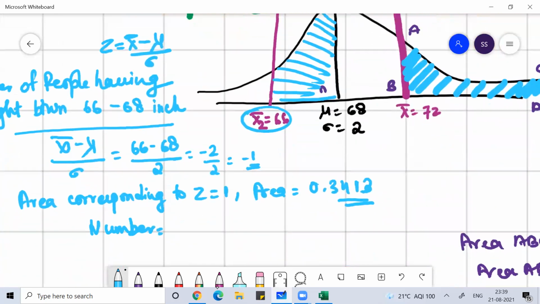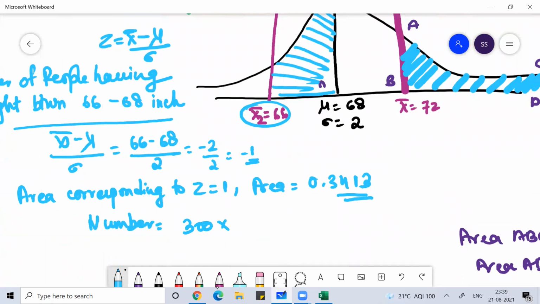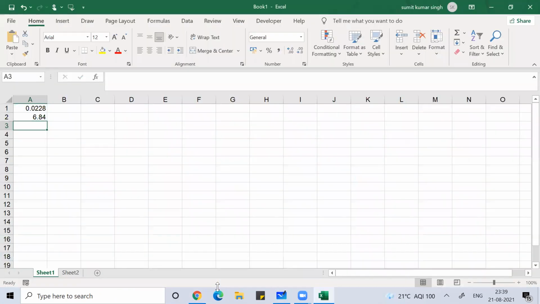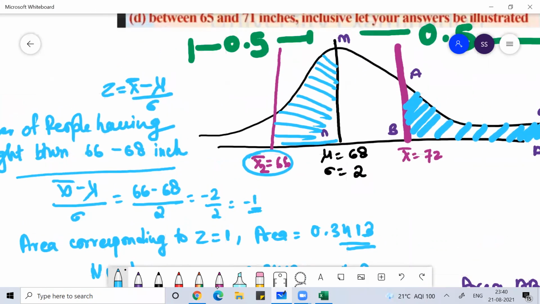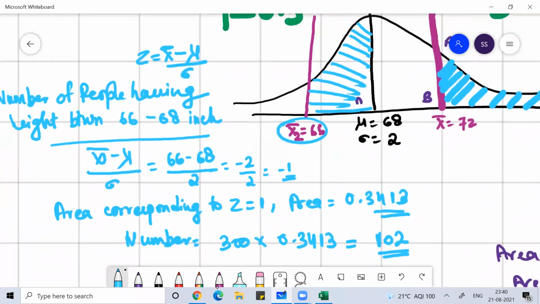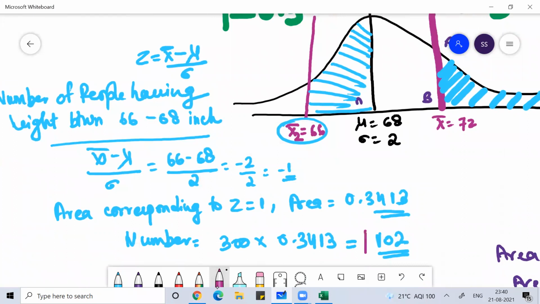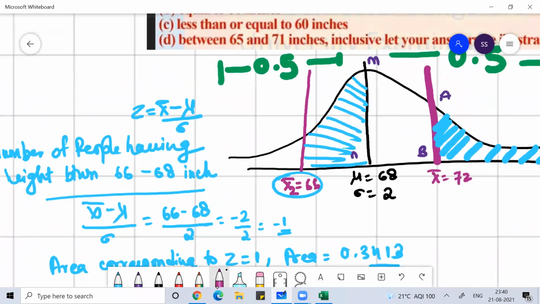So I can find 300 into 0.3413, which is 102.3. So around 102 people have height between 66 to 68 inch.